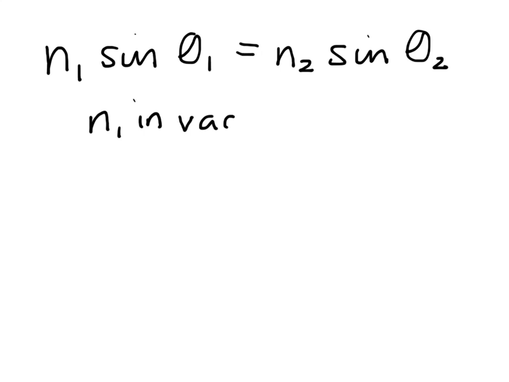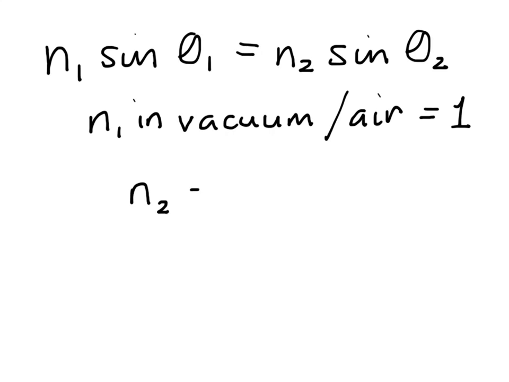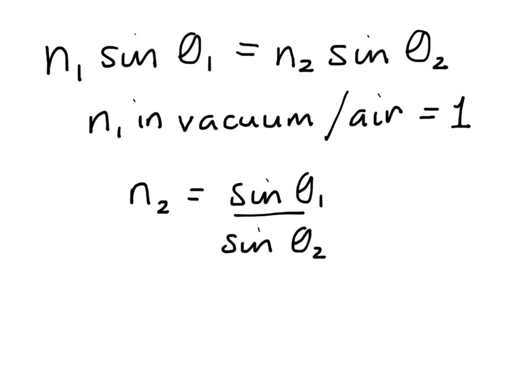Now, a special case is if one of those materials happens to be a vacuum or air, and in that case the refractive index is actually 1. So if we put n1 equals 1 into the equation here, we can rewrite it, make n2 the subject, and we get n2 is sin θ1 over sin θ2.